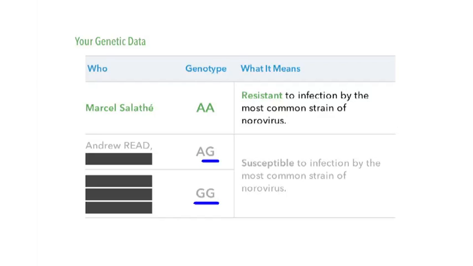I've removed some names to protect identities, but as you can see, none of those people are genetically resistant to norovirus infection. In fact, my particular genotype makes me more resistant to other types of infection too, not just to noroviruses. But some research indicates that because I have this genotype, I may be at higher risk for infection with several bacteria, as well as the influenza virus. So there's no free lunch here.